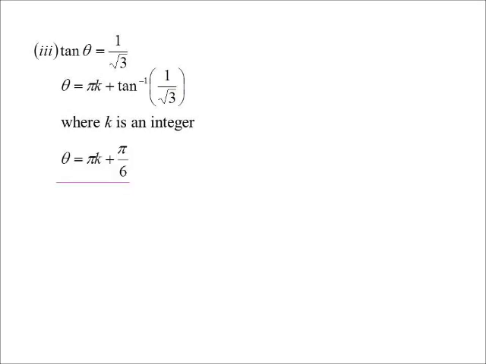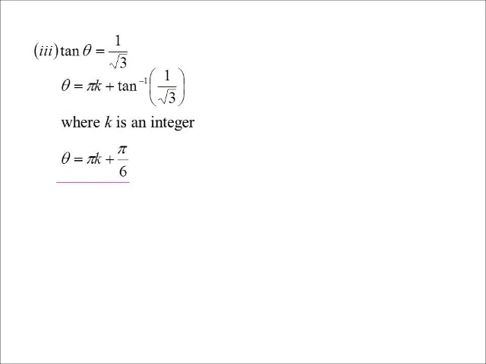Well, I wouldn't be complete without a tan one, so let's do a tan. So tan theta is 1 on root 3, so the tan one was multiples of pi, and it was always plus. So pi k plus the inverse tan of 1 on root 3, again, where k is an integer. Inverse tan of 1 on root 3, 1 on root 3 is 30 degrees.